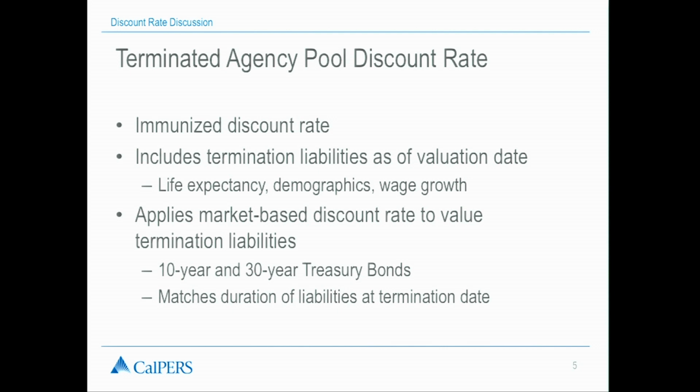We don't have the ability to go out and collect additional payments if the returns are lower than expected, or if people live longer. If any of those conditions happen, we don't have any recourse. So what we need to do for a terminated agency pool is bring everything forward to today and reduce risk.